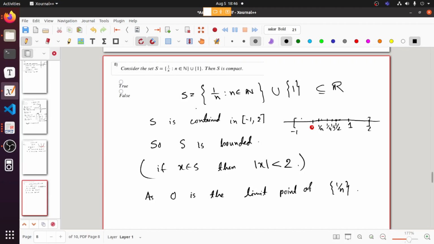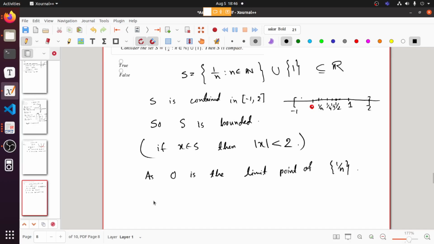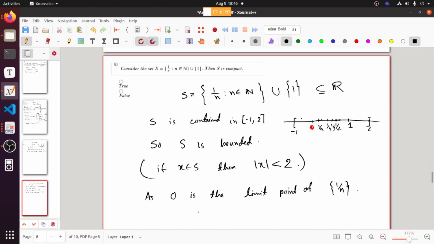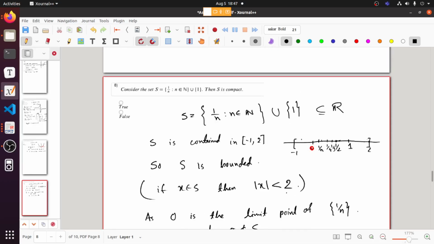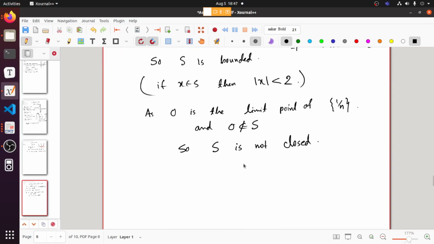But 0 is not in this set, right? What is a closed set? If all the limit points are in the set, then S is closed. But 0 is a limit point and 0 does not belong to S. So S is not closed, which means S is not compact.